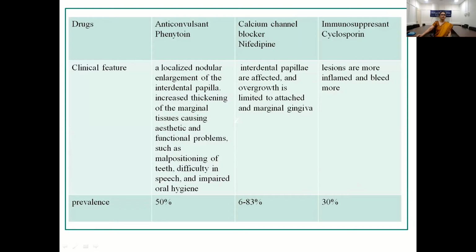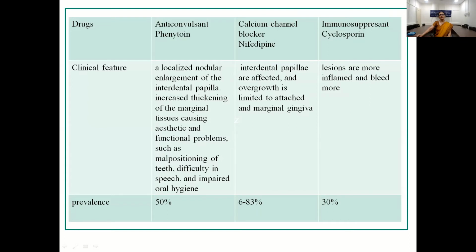Now we will see about the clinical features. With the anticonvulsant, that is phenytoin, there is a localized nodular enlargement of the interdental papilla. There is an increased thickening of the marginal tissues causing aesthetic and functional problems such as malpositioning of the teeth. There is a difficulty in speech and impaired oral hygiene.